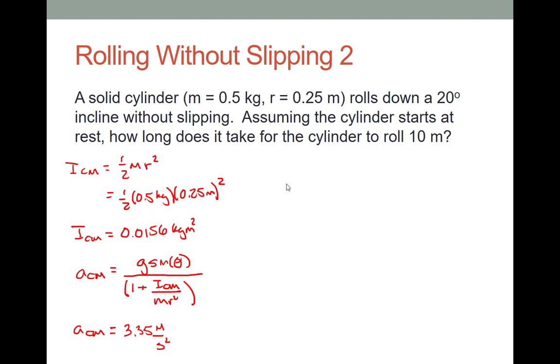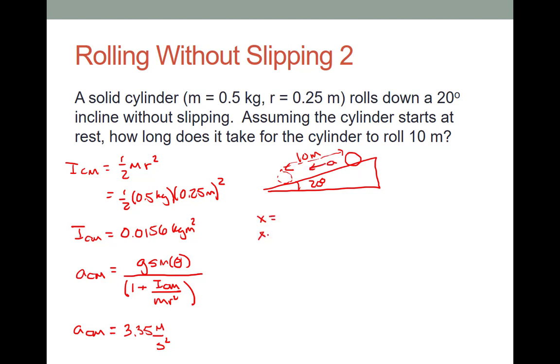Okay, so now what I have is an incline. Here is the 20-degree angle. The cylinder is going to start here, and the distance is the provided 10 meters, and the acceleration is going to be down the incline.